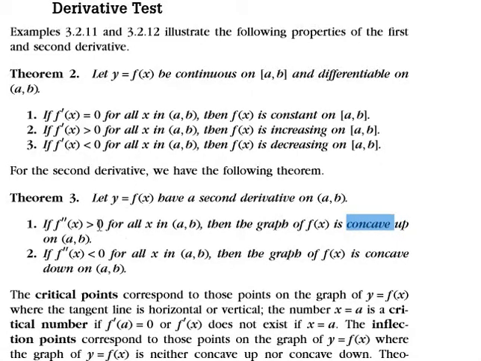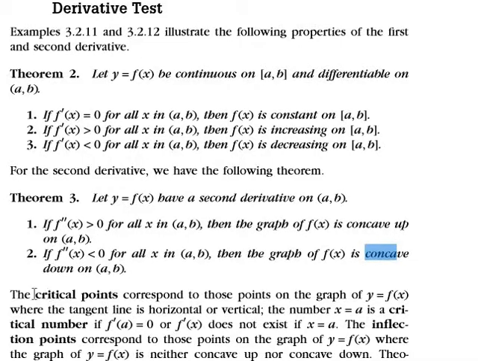If the second derivative is less than 0, this is concave down. Concave up is also associated with the minima, and concave down with the maxima.